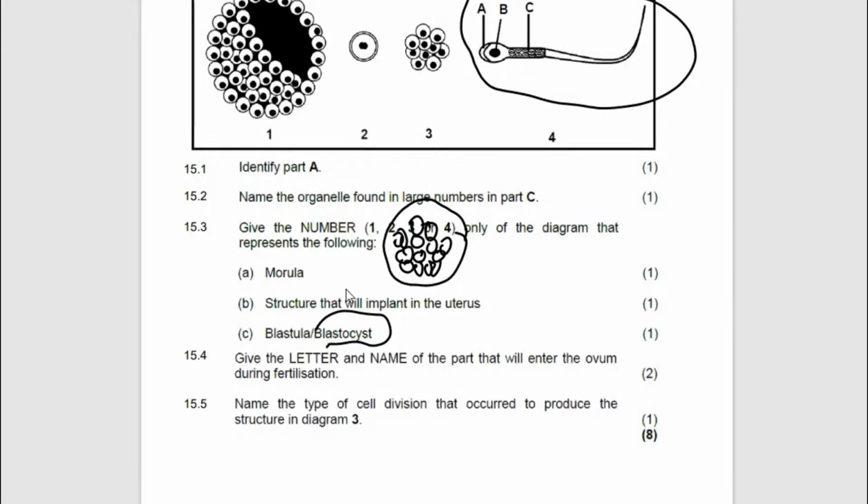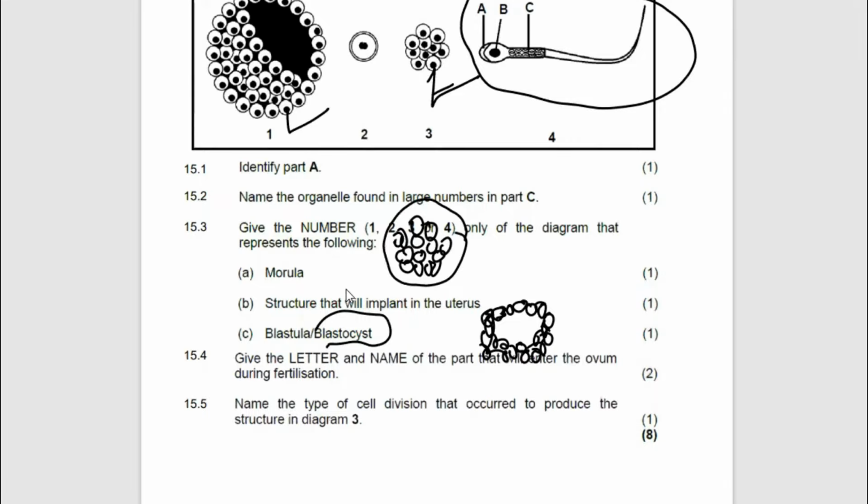And then a blastula is a hollow ball of cells. It must have a hole, so you look for something which has the hole. So basically, morula is going to be number 3, and blastula is going to be number 1.